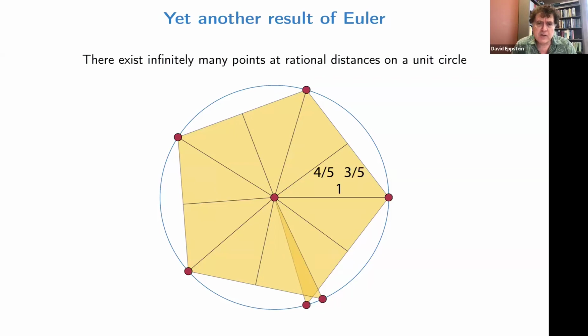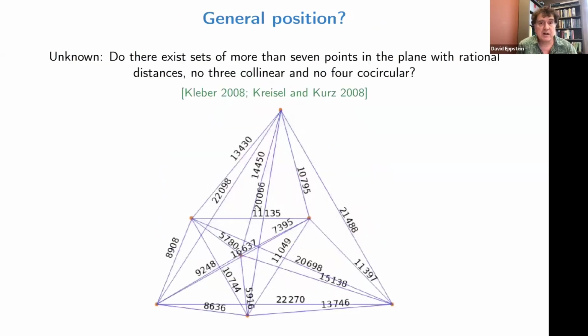And actually, no 3 of these points are collinear. So it's very far from being all on a line, but somehow it's all on a circle. It's still very constrained. And in fact, this question of can we get points with rational distances that are not all on a line and not all on a circle is still quite open. So there exist sets of 7 points in the plane.